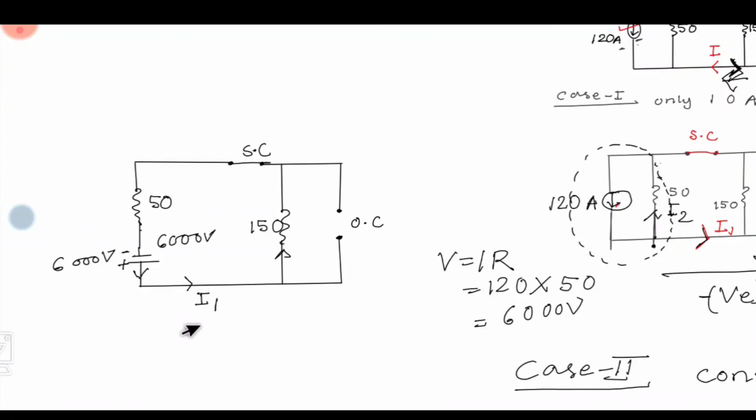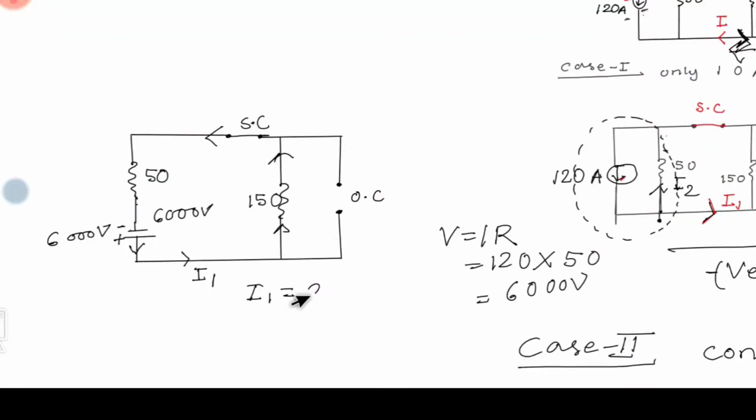So now we will determine the response, that is I1. Look here, the 150 resistance and 50 resistance are in series combination, so the total resistance is 200 ohm and the voltage is 6000 volts.